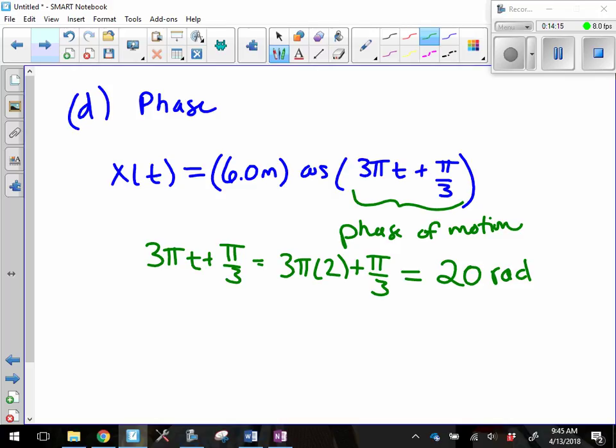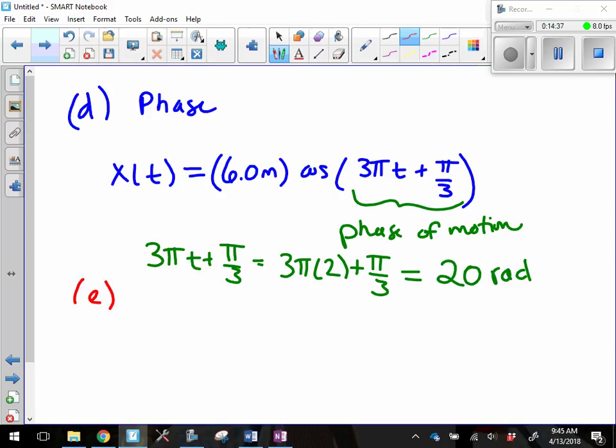So yeah, I think that probably is going to be 19. What is it? Oh, yeah. 19 pi over 3. Yeah, I would believe that. Did everybody else get that? We good?